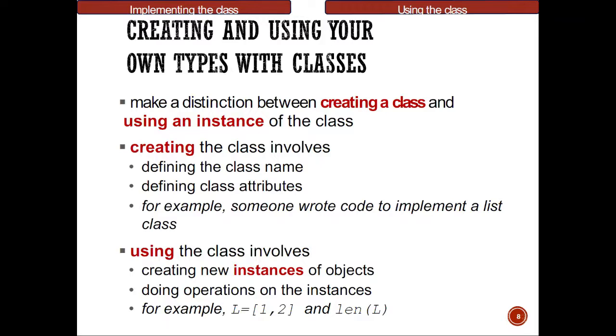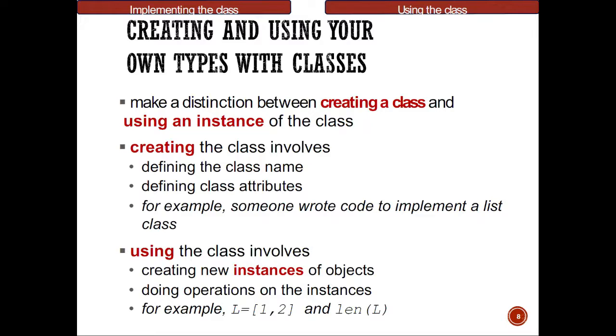So for example, to create and use our own types with classes, we need to make a distinction between creating a class and using an instance of the class. Creating the class involves defining the class name and defining the class attributes or characteristics.